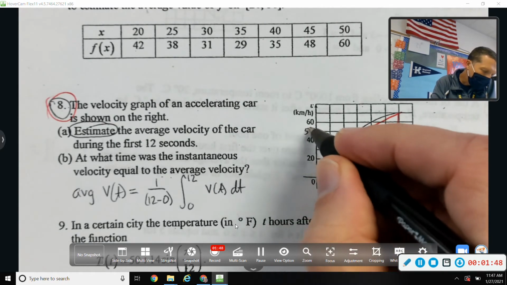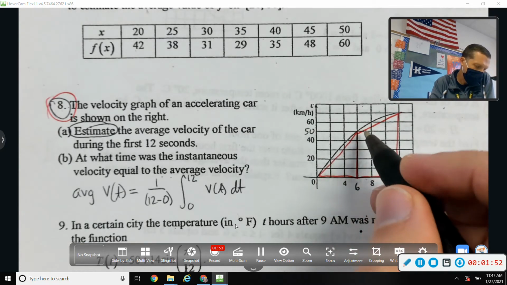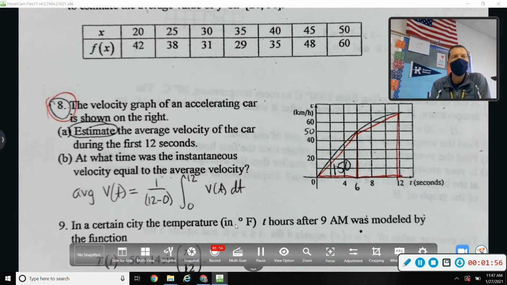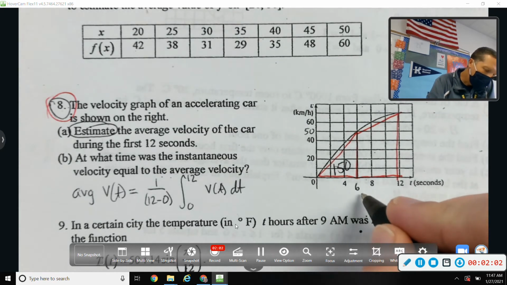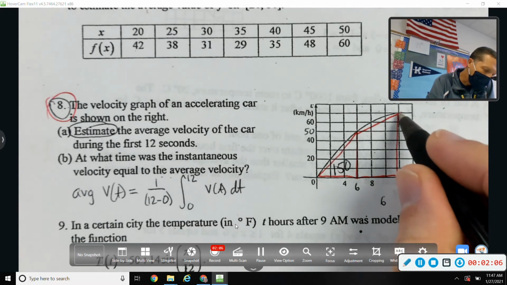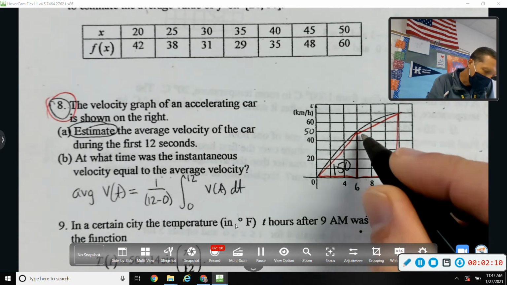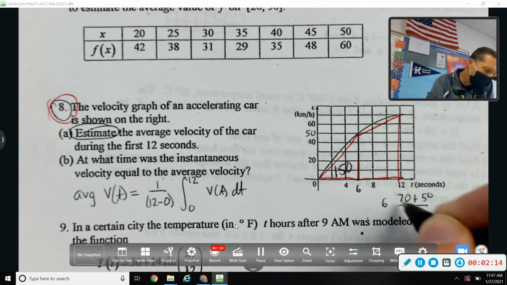So the triangle then is 6 times 50 is 300, divided by 2 is 150. And that trapezoid, its width is 6, its average height is 70 plus 50 over 2.